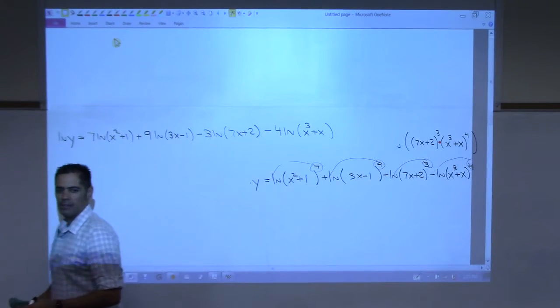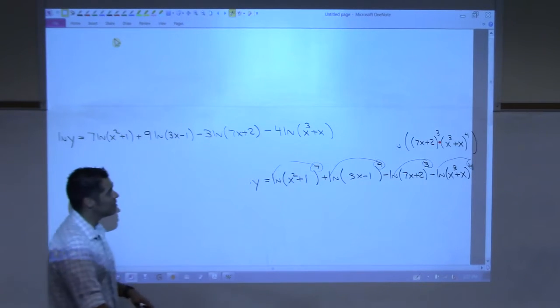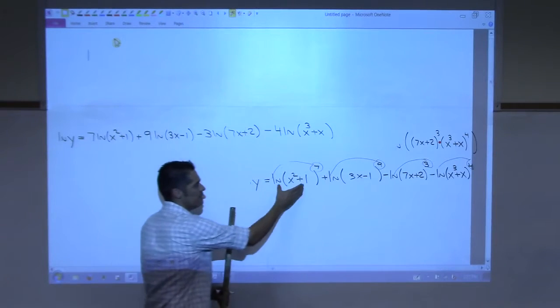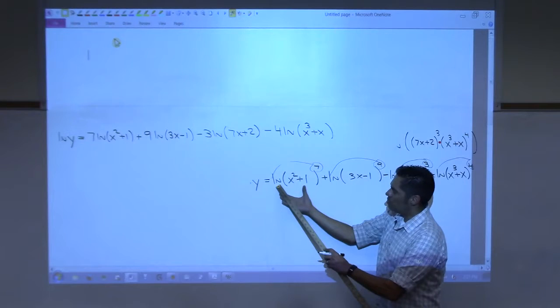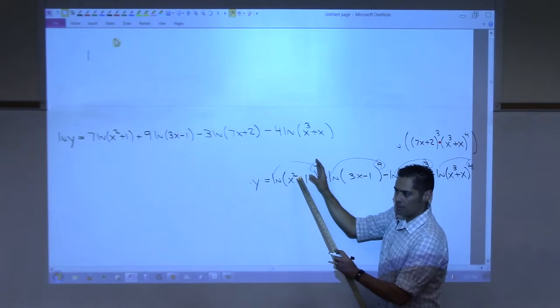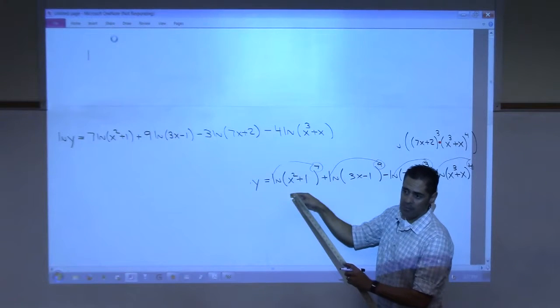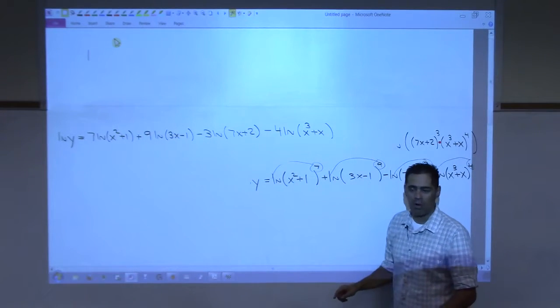I'm ready to differentiate. Now, why is it that I'm ready now? Why not do it at this step? Think about right now if I asked you to take the derivative of this. You would have to do natural log of all of this, right? That derivative, whatever that is. Then the derivative of this to the 7th power. The 7 would have to come out, all to the 6th. Then go inside and take the derivative of x squared plus 1.